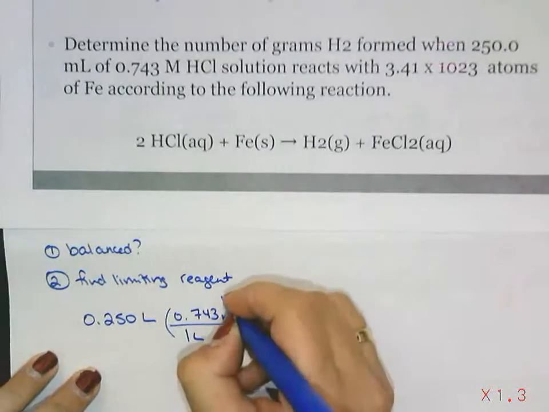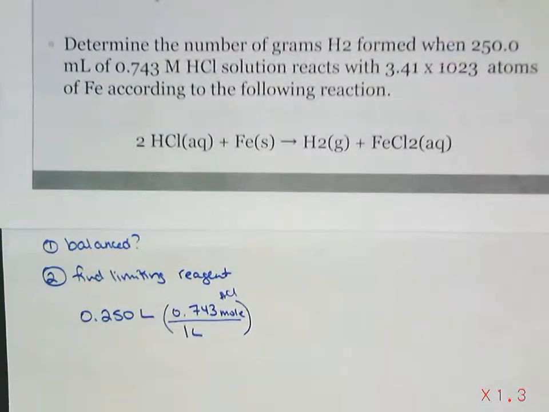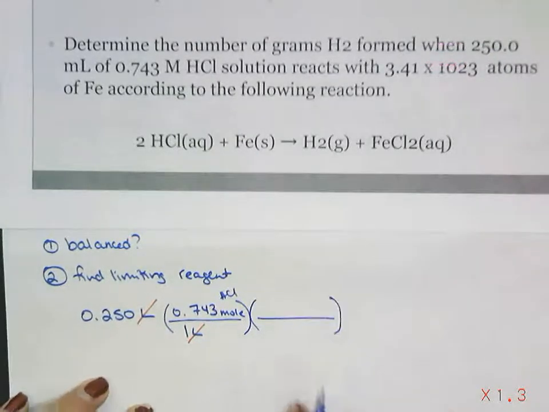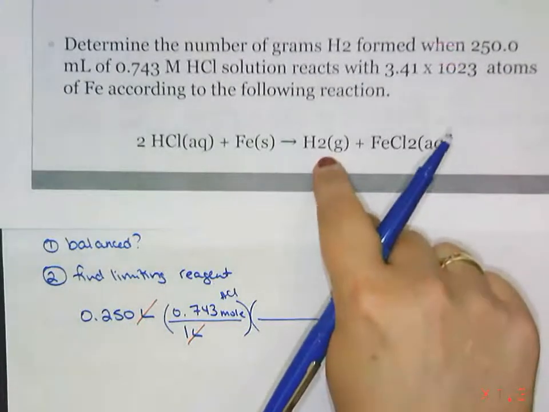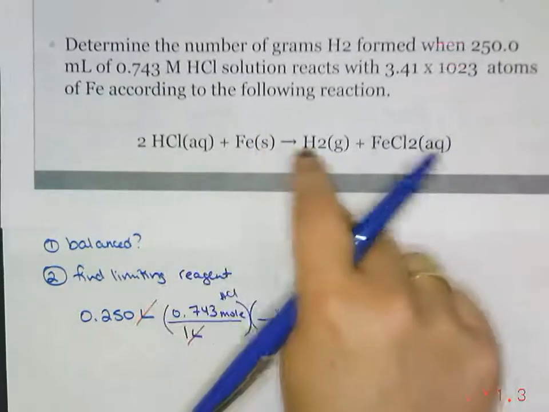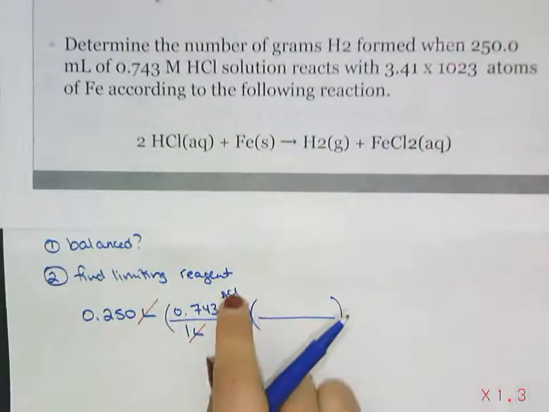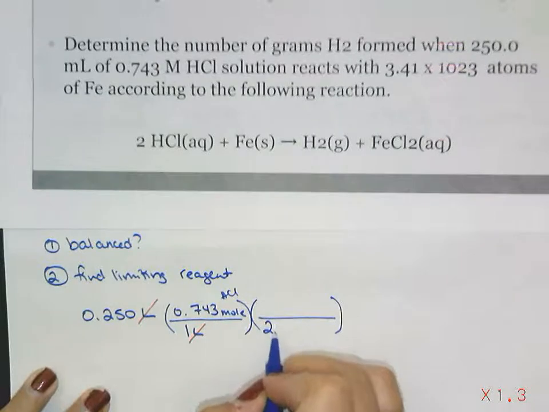All right, so now we're in moles of hydrochloric acid. What do I need to do next? I need to get to moles of what? I want to get to moles of hydrogen. So if I put in 2 HCl's, I get out 1 H2. All right, HCl's on top, so I'll put the 2 mole HCl on the bottom.